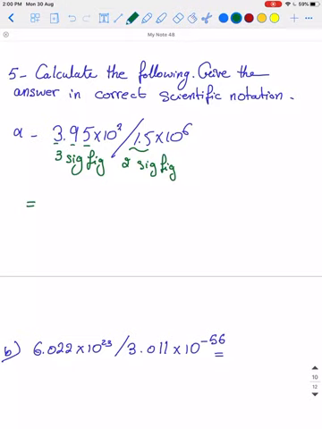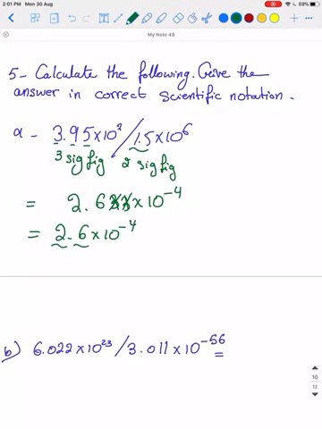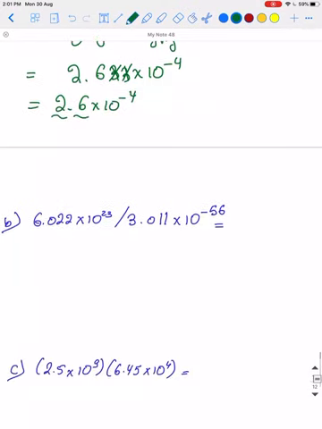When I divide these numbers using the calculator, I will get 2.633 times 10 to the negative 4. But I want only 2 significant figures, so I cancel these, I round them down. So 2.6 times 10 to the negative 4, and now we have 2 significant figures.